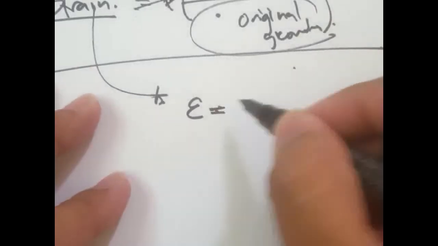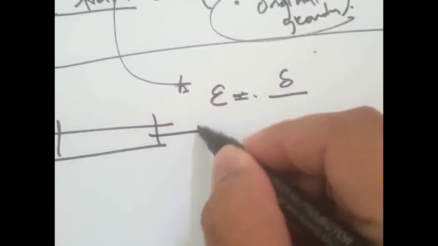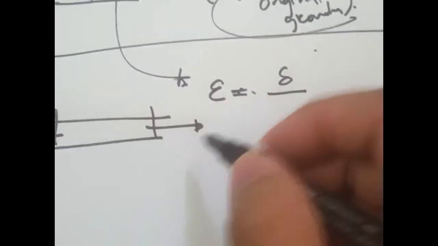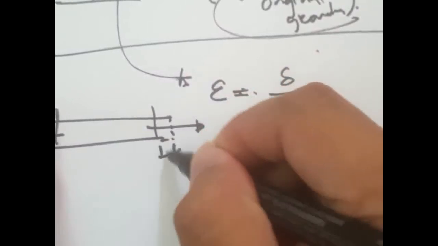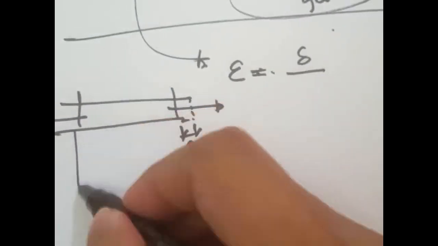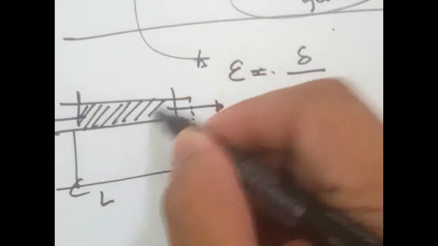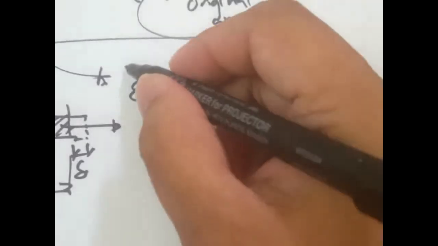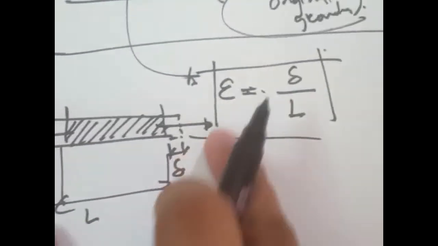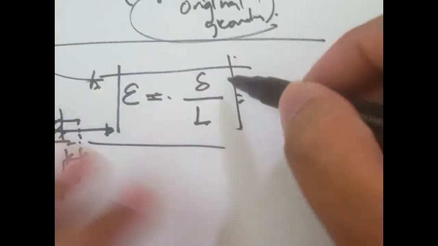Okay, and if we consider extensional strain or normal strain, if we have actual loadings, then because of these loadings this one elongates. Now this elongation is what we call the deformation, and this one is the original length. So strain is deformation divided by the original length for this specific situation.